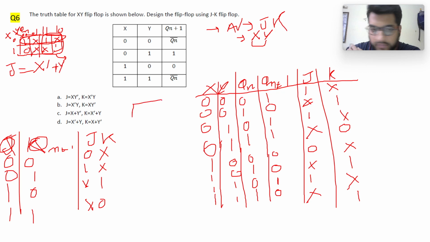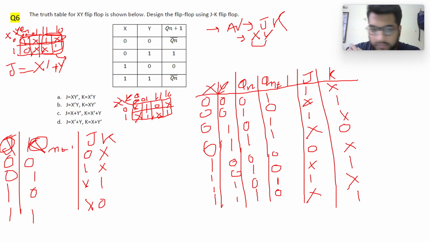Now it's the turn of K. Here I'll write X Y Qn, 0 1 0 0 0 1 1 1 1 0. So it will be X 1 0 X, X 1 X 0 X 1 X 0, and X 1 X 1.